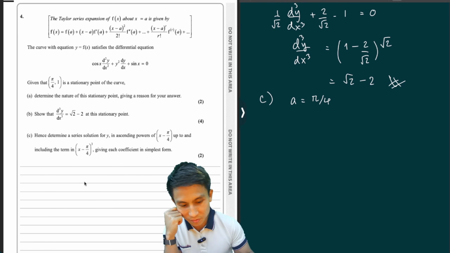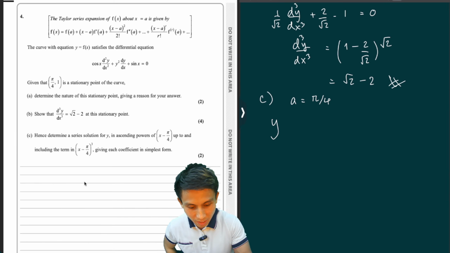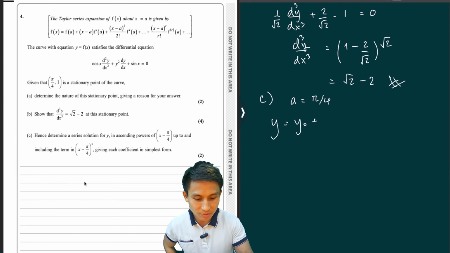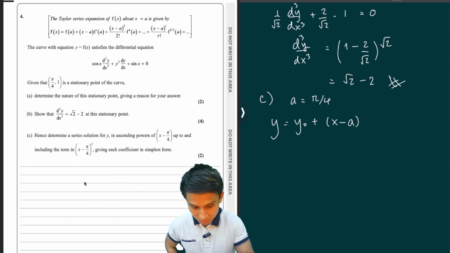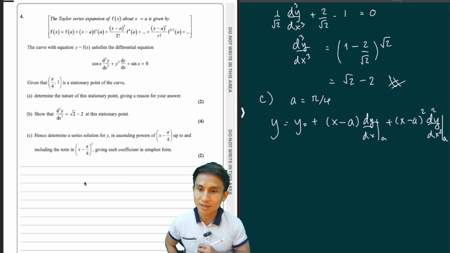So let's write down the Taylor series for this first. So it's going to be y equals y naught plus x minus a, yeah, which is x naught, and then dy by dx at a plus x minus a squared over 2 factorial, d squared y by dx squared at a.